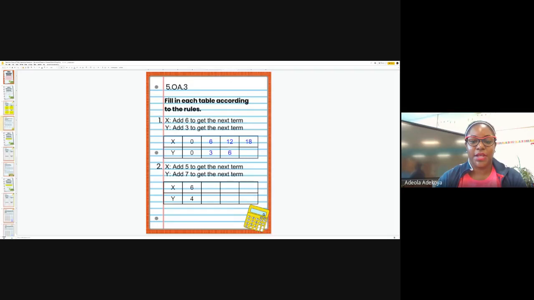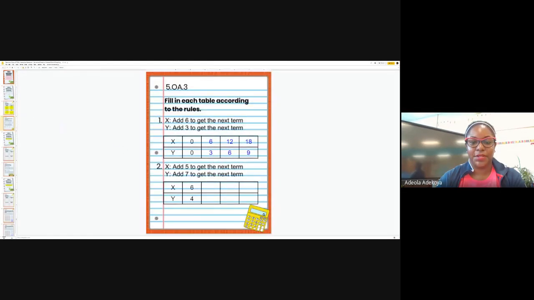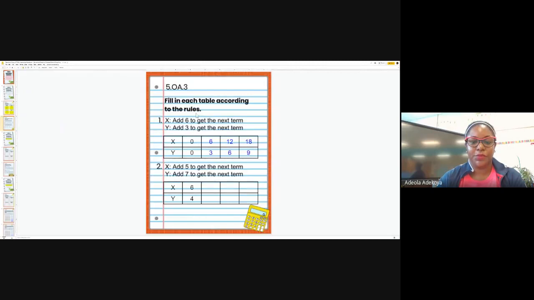Then I'm going to add 3 to my previous number, and it would give me 9. So what I did was I generated, or created, two numerical patterns. Here are my numerical patterns, using two given rules. And here were my rules right here.